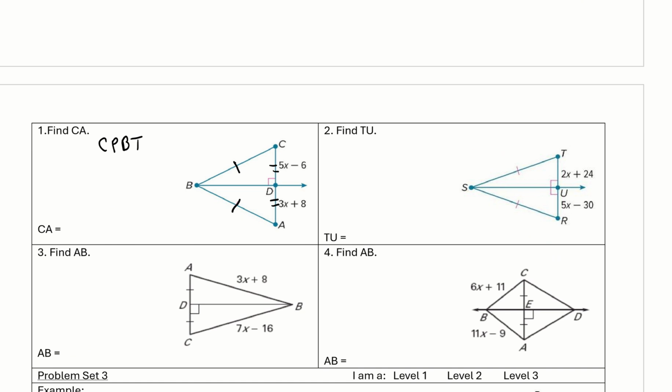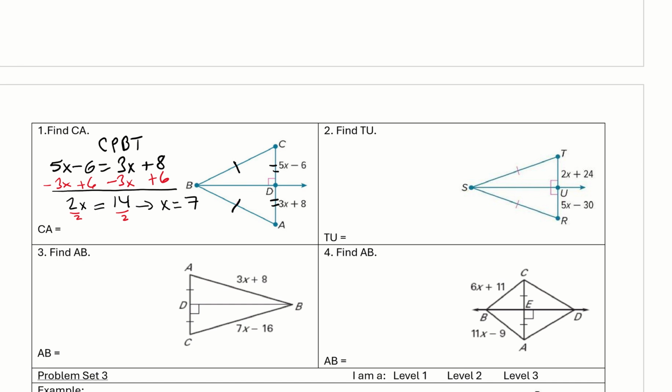All right, so we go ahead and set those equal, and we'll solve here. So we're going to subtract 3x on both sides. Then we'll go ahead and add 6 to both sides. All right, so we got 2x equals 14 divided by 2. So we get x equals 7.